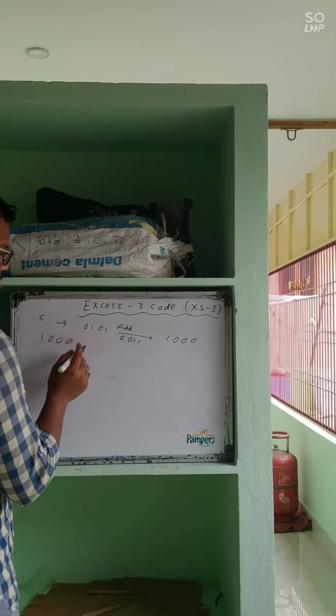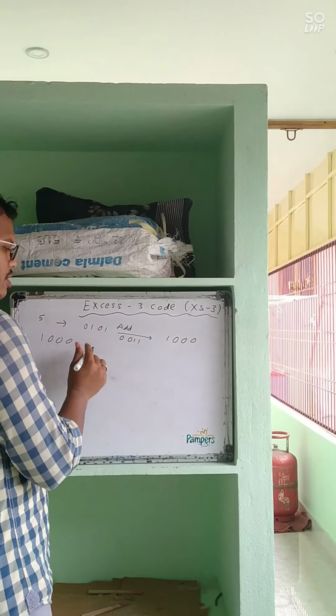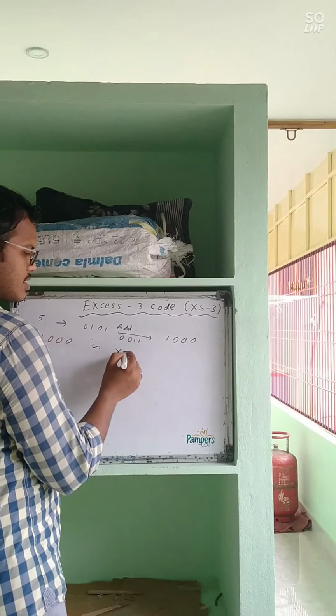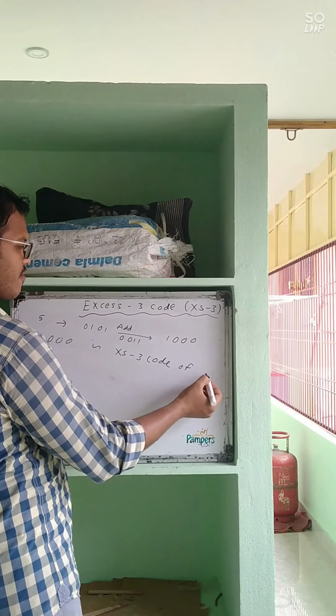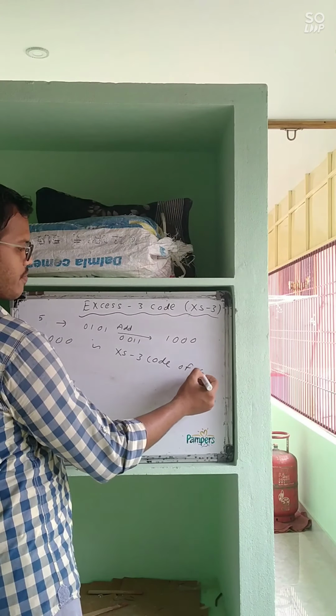1 0 0 0 is an Excess-3 code of 5, 0 1 0 1, which gives 8, which means 5.